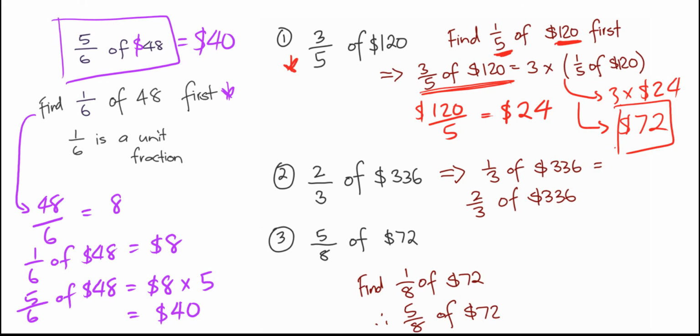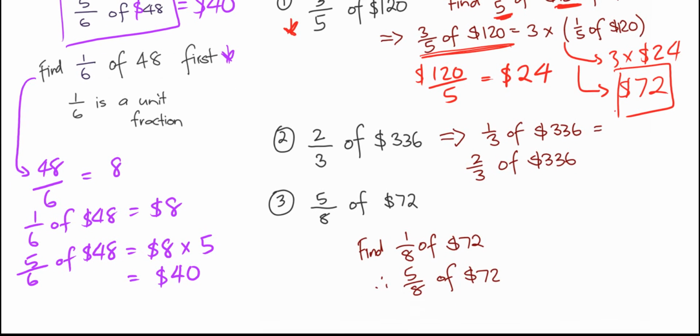Okay, let's have a look at number 2 here. We want to find out what 2/3 of $336 is. Let's find out what 1/3 is. So 1/3 of $336 is the same as trying to work out what $336 divided by 3 is. Okay, so I'm just going to run out of room here.